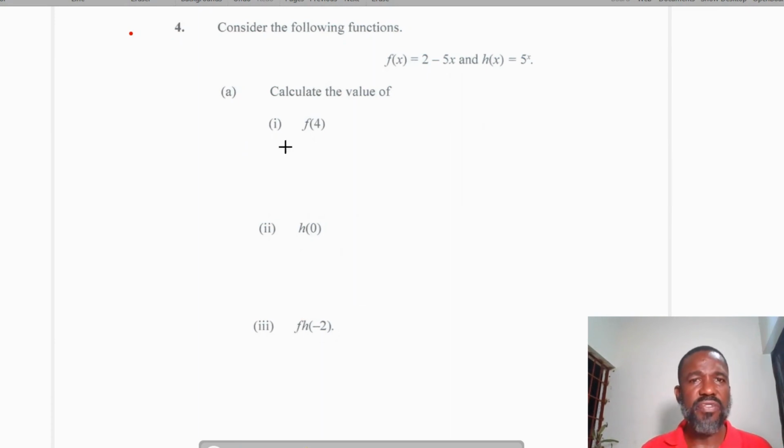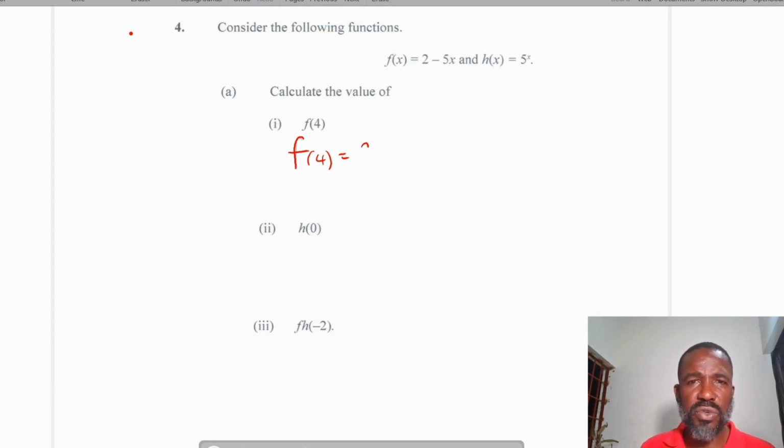Now, in order to calculate f of 4, it simply means that wherever I see x in the function f of x, I'm going to substitute it with 4. So f of 4 would mean everywhere I see x, I'm going to replace it with 4.